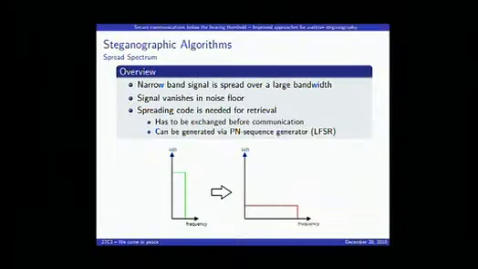Okay, next thing is spread spectrum. I think most of you have heard at least the term. It's used, for example, in UMTS with the CDMA mechanism. The idea is to spread a narrowband signal over a large bandwidth.